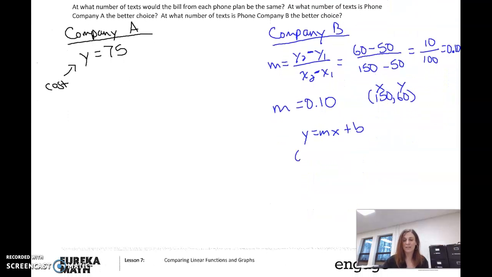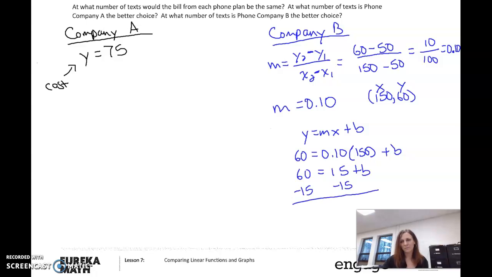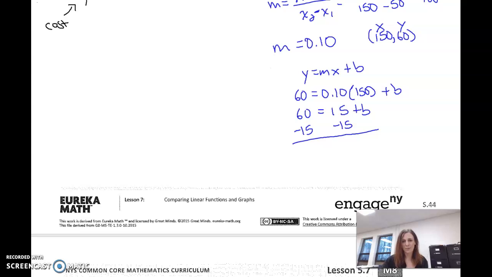So y I'm going to say is 60 equals m, 0.10, times, I'm putting in parentheses here, times my x, which is 150. Fill all that in, and then plus b. So now I'm just going to solve for b. So I get 60 equals 0.10 times 150, that's 15, plus b. I'm going to subtract 15 from each side, and I'm going to get 45.